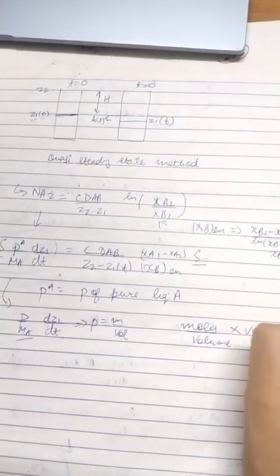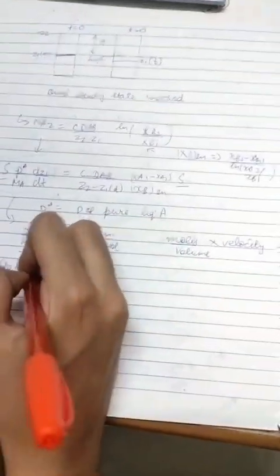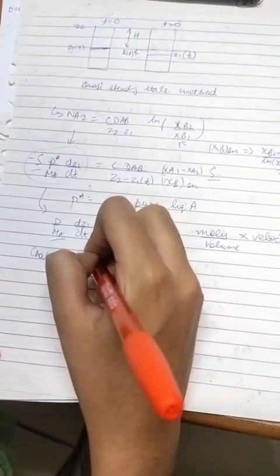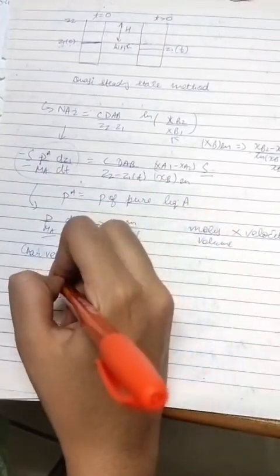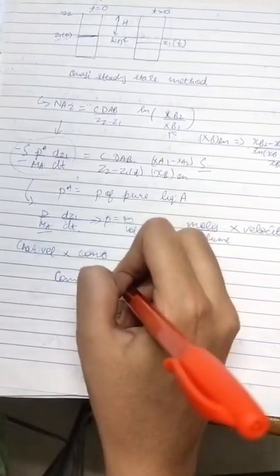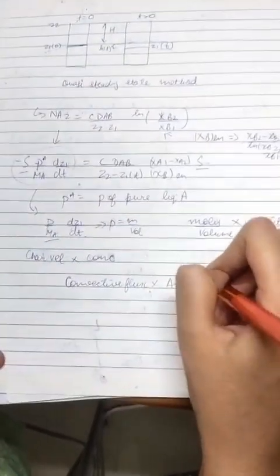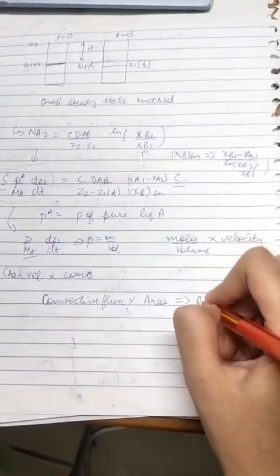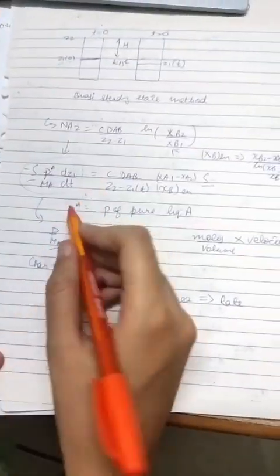So this basically is characteristic velocity into the property that is changing, which is our concentration. So here it becomes convective flux into area, which is our S. We know that convective flux into area is rate. So we will obtain the rate of evaporation of water over the time period t.